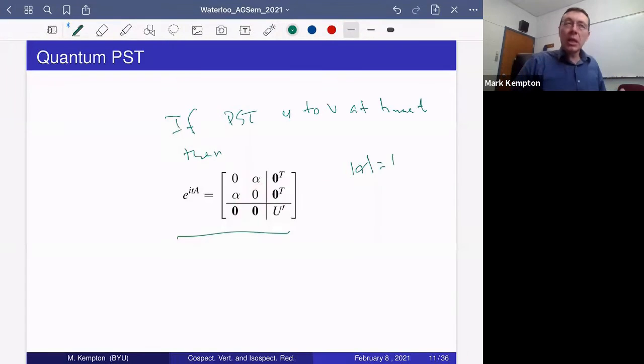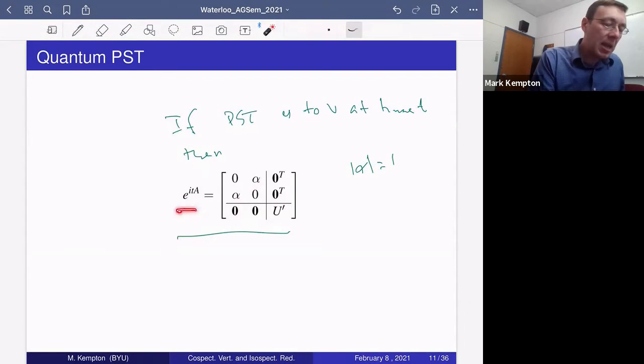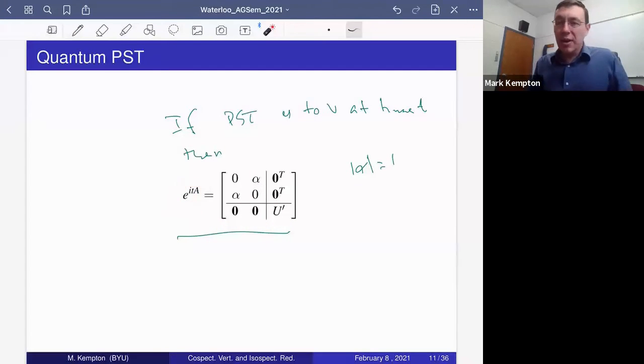One way to get at the reason that cospectrality is necessary is to say, okay, if e to the itA has this block diagonal decomposition, then any eigenvector of the adjacency matrix is also an eigenvector of e to the itA.